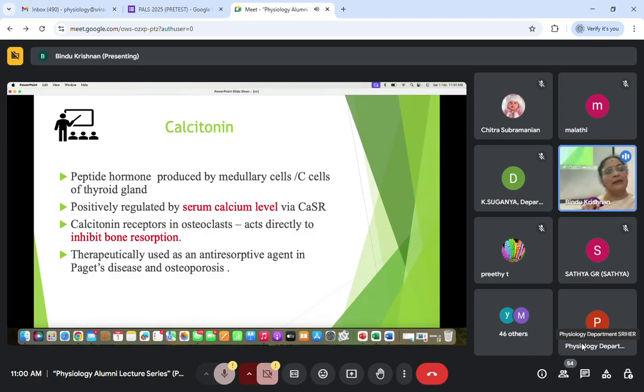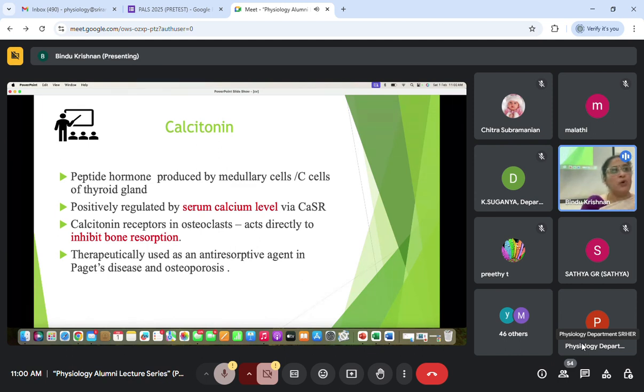What it does here is it inhibits bone resorption, which is opposite to that of PTH. Calcitonin is released whenever there is an increase in serum calcium. Whenever there is an increase in serum calcium, I don't want my bone to undergo resorption. So that inhibitory effect is caused by this calcitonin.